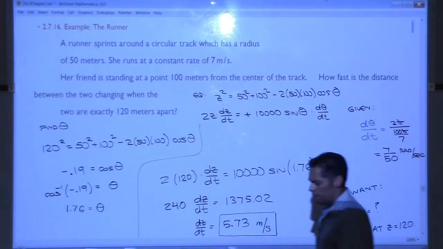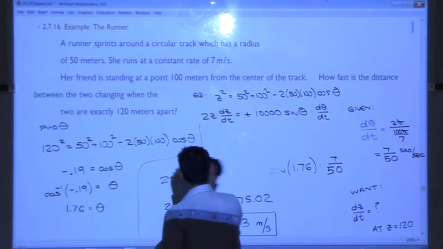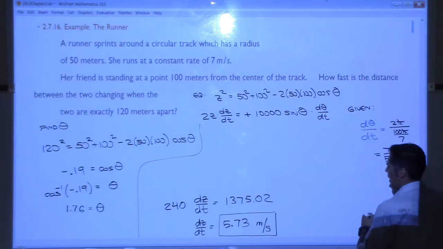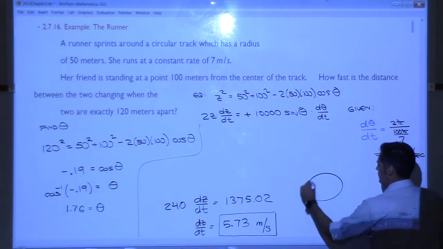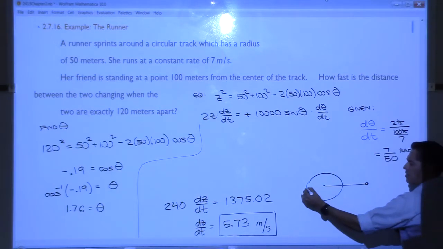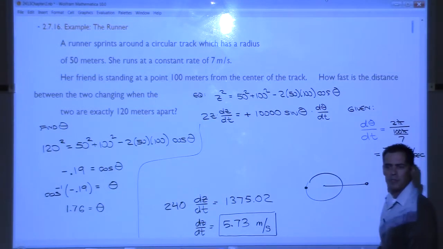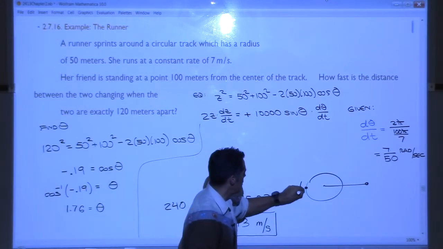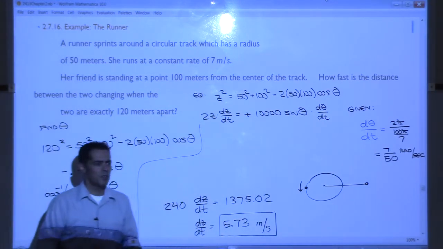One way you could perceive that is, think about this. Here's our observer, right? When the runner's right here, running around the track, what is the distance between them?